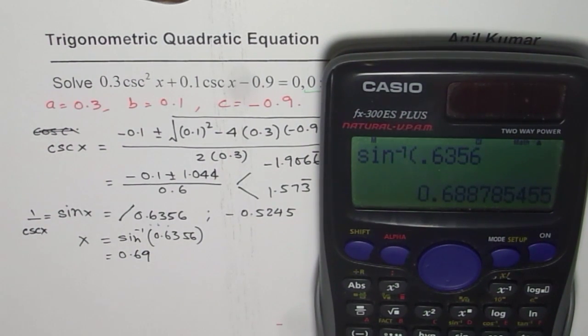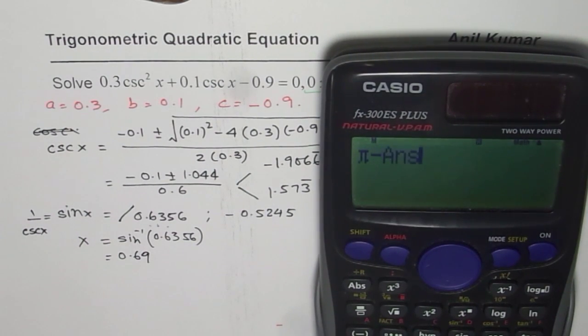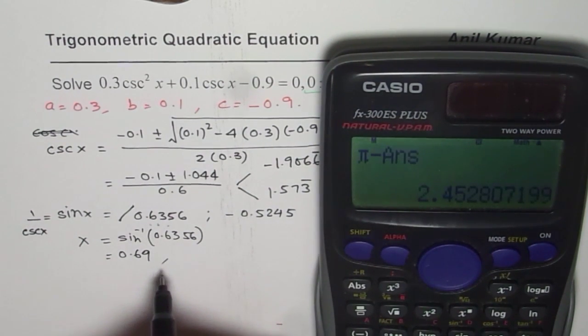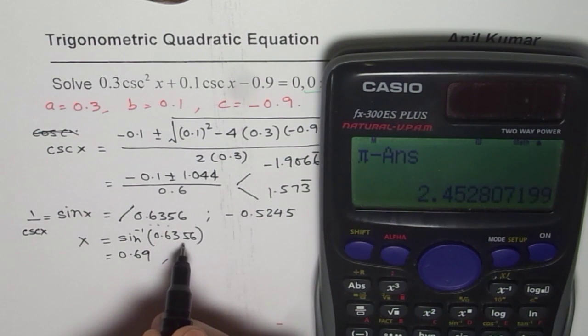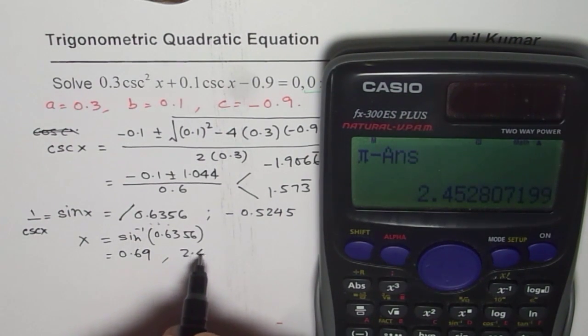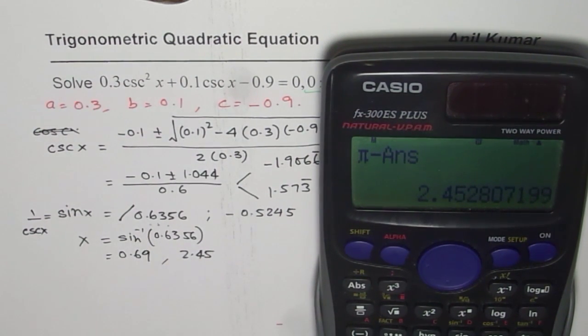So that is one solution. The other solution will be 180 minus this, that means pi minus that. So pi minus the answer itself gives me 2.45. So these are the two solutions for the positive value.